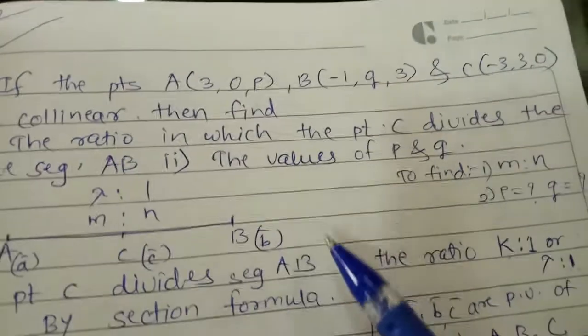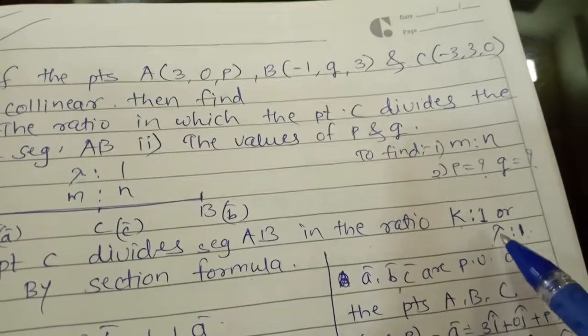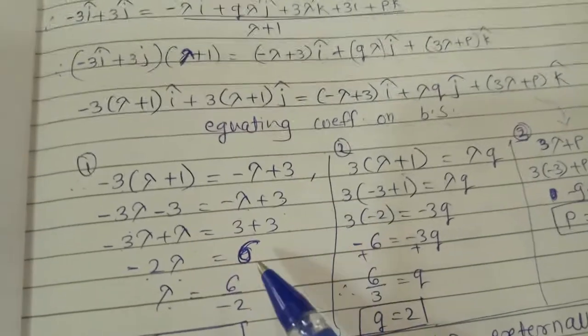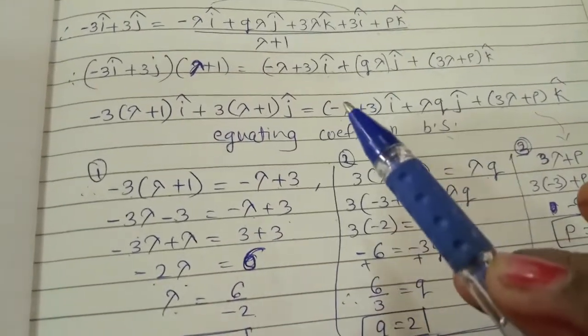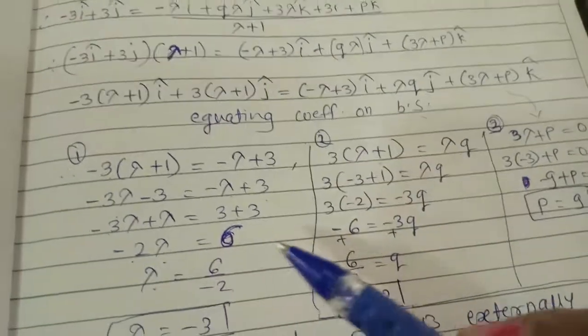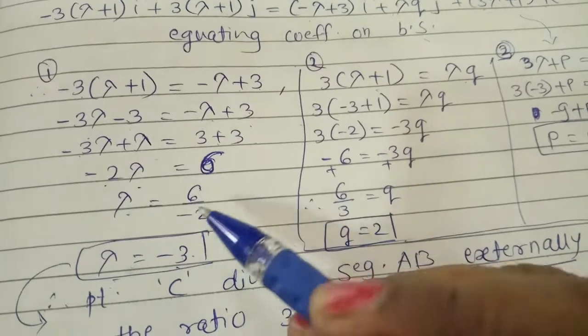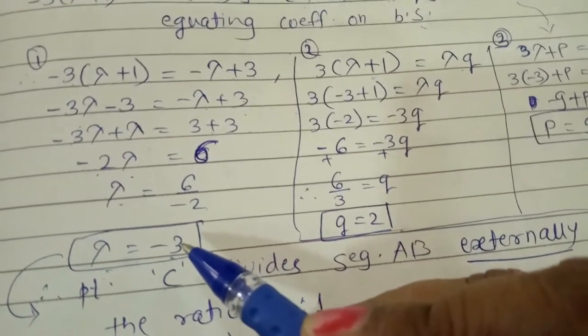Means here we consider that the point C divides the segment AB in the ratio λ is to 1. The value of λ is negative. Why? Because here we solved this example taking that C divides the segment internally, but whenever you get the value of λ as -3, this point C divides the line segment externally.